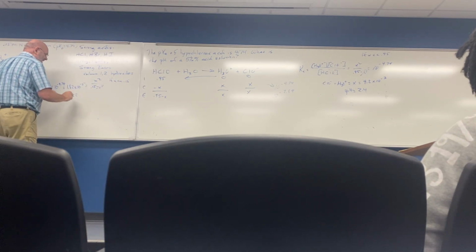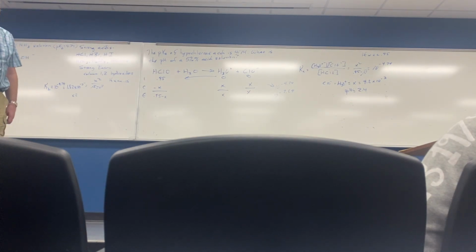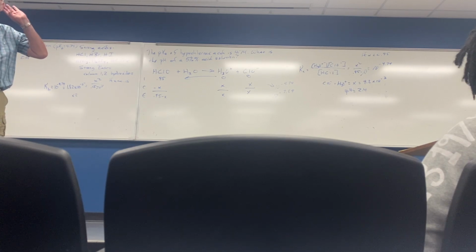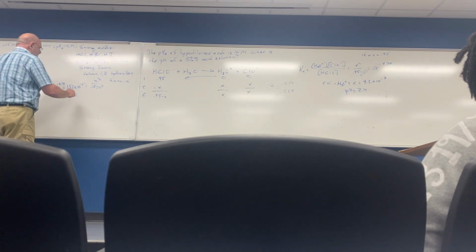Then we get x, which I don't remember. So what'd you get for x? 1.7 times 10 to the minus third. Okay.